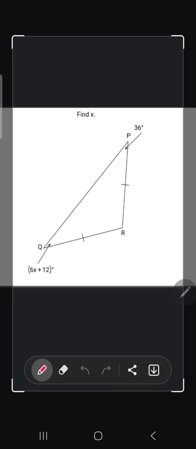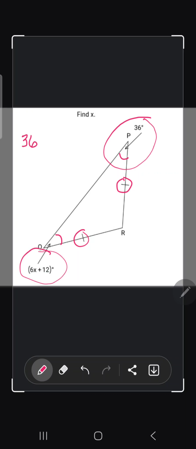In this problem, I notice that we also have an isosceles triangle again because of these two lines. I know that the sides are the same and the angles across from them are the same. If this angle here is 36 degrees and this angle is 6x plus 12, I know they're equal, so I can set them equal and solve a two-step equation to find x, and that's what they want.